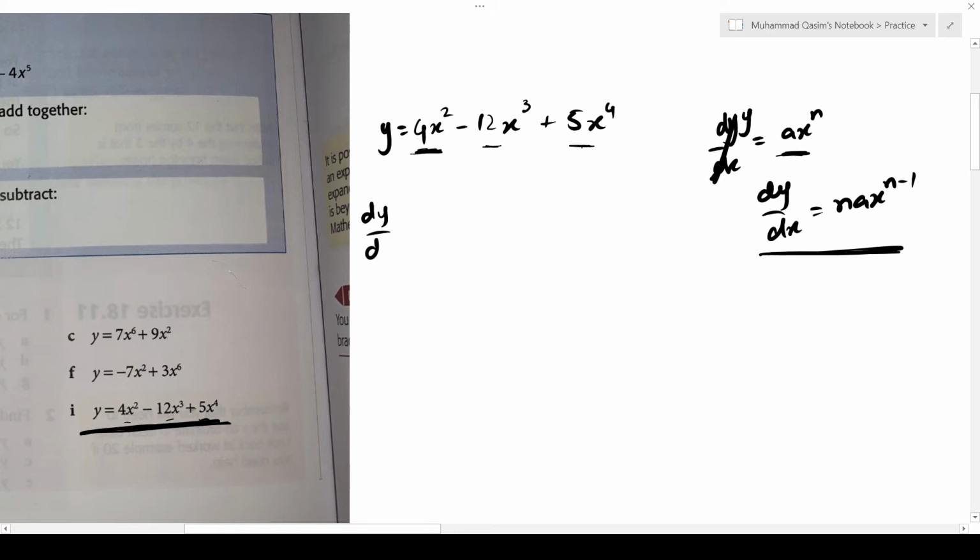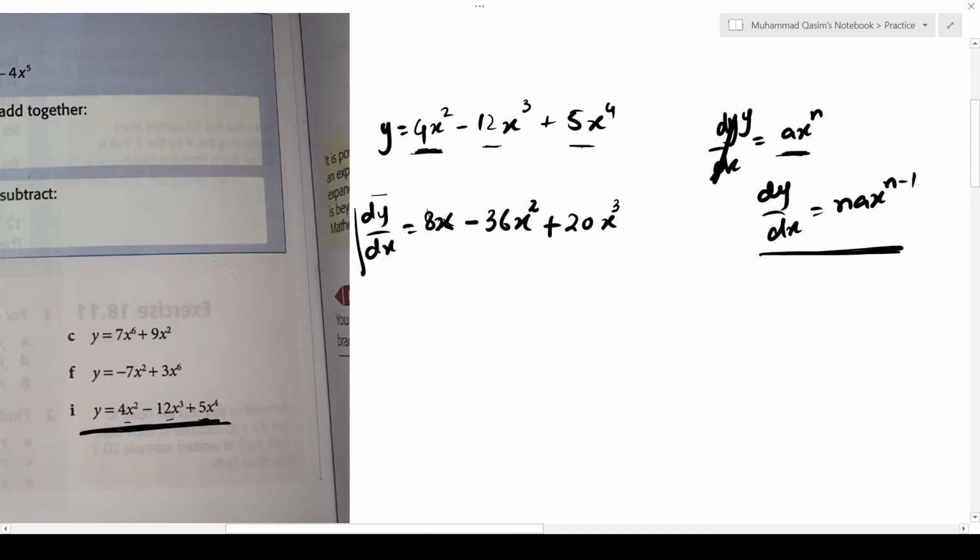So dy by dx is going to be equal to, for the first term, when I apply the general rule, 2 times 4 is going to be 8, and then x to the power 2 will be reduced to x to the power 1, minus 12 times 3 is 36, and x cubed will be reduced down to x squared, plus 5 times 4, the 4 will come back here and we'll multiply with 5, so that will give me 20, and the x power is going to reduce down to 3.